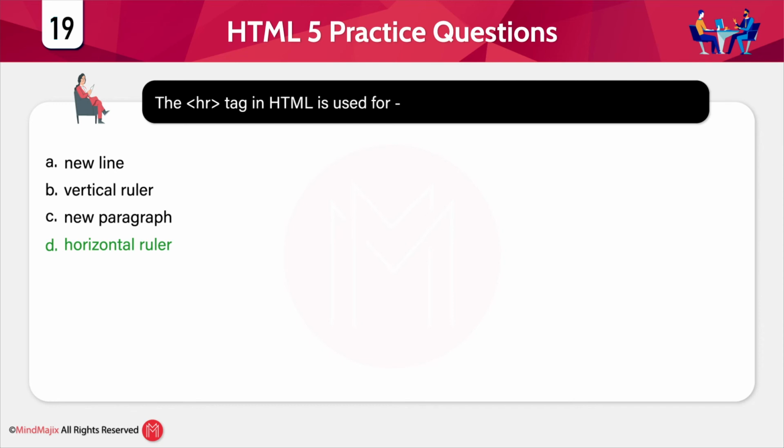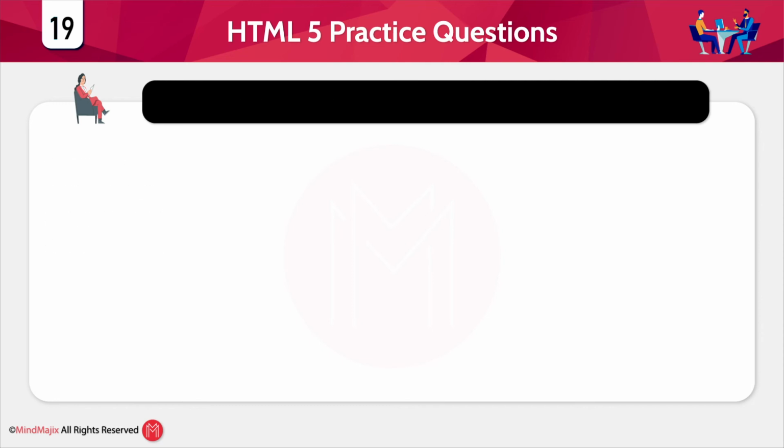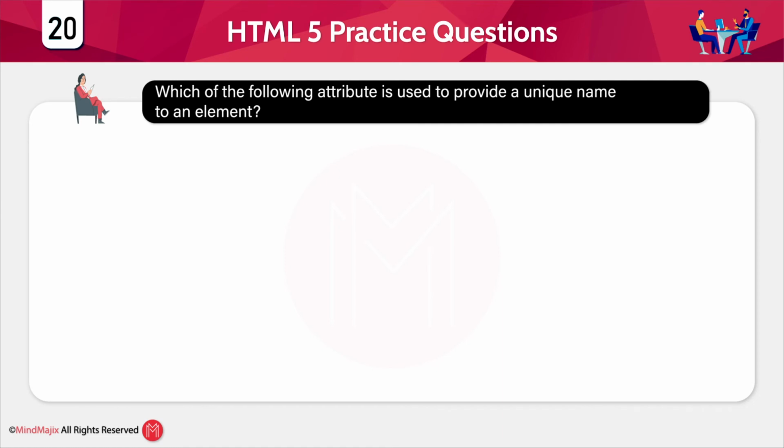What was the correct option for the 19th question? D. Option D is the correct answer. Next question, guys. Which of the following attributes is used to provide a unique name to an element? Is class an attribute which allows us to provide unique names to elements? No. For example, if you write 3 paragraphs, the class attribute value can be given the same.